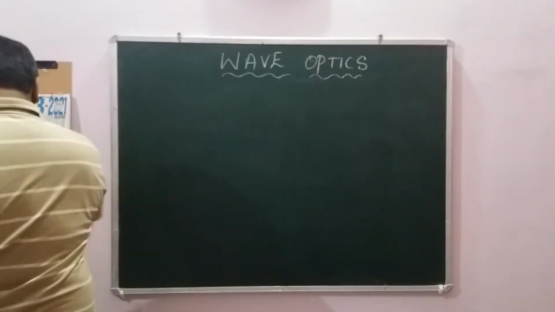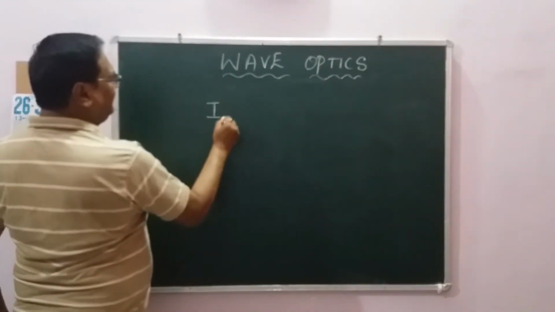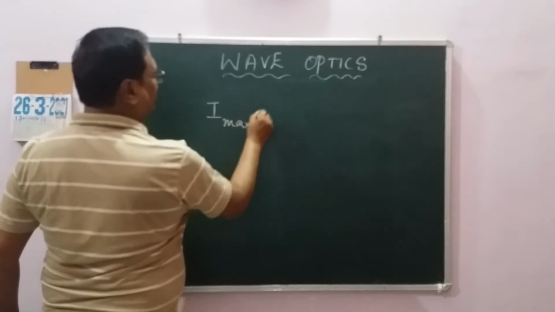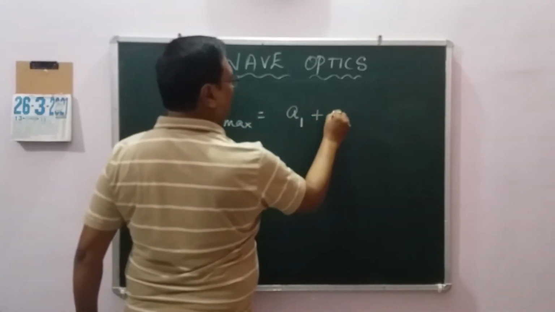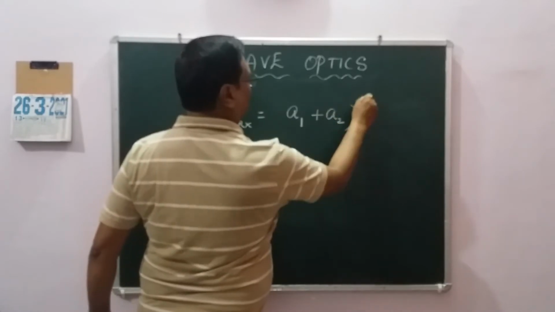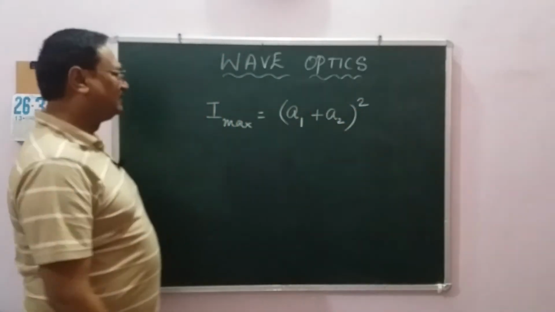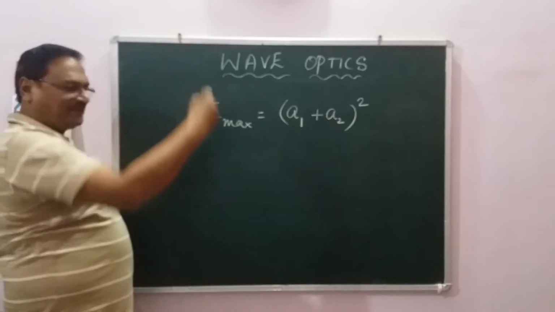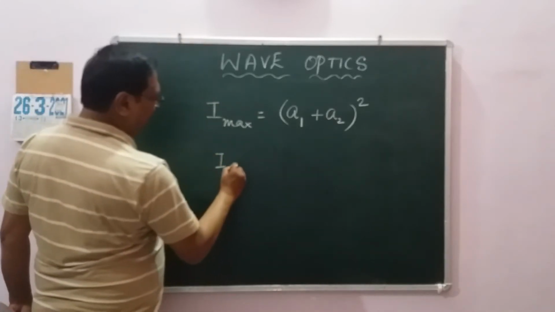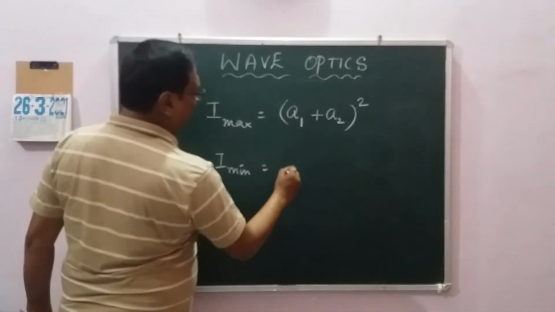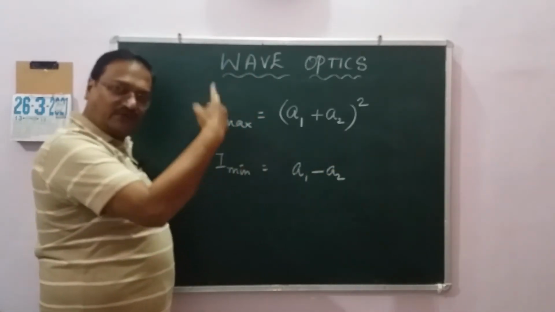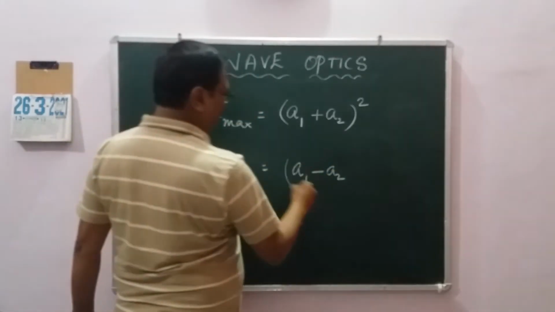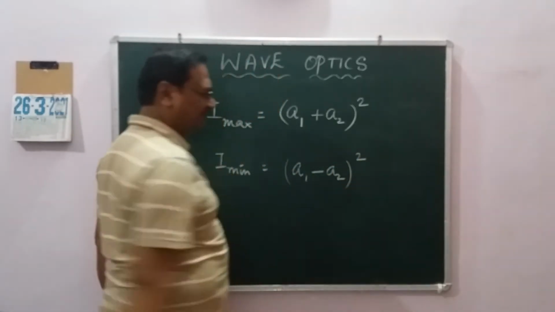See, intensity maximum is equal to the amplitude of the first wave plus the amplitude of the second wave, the square of it. You add for maximum intensity. Intensity minimum, you get A1 minus A2. We are assuming A1 is greater, or otherwise you can write the difference, squared.